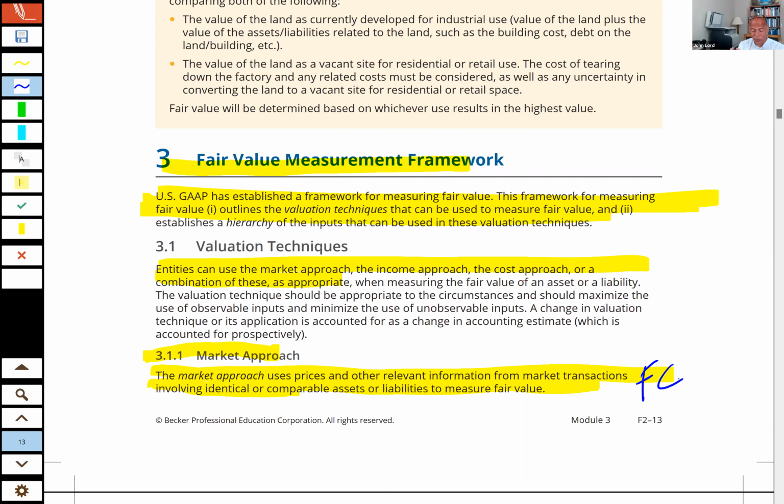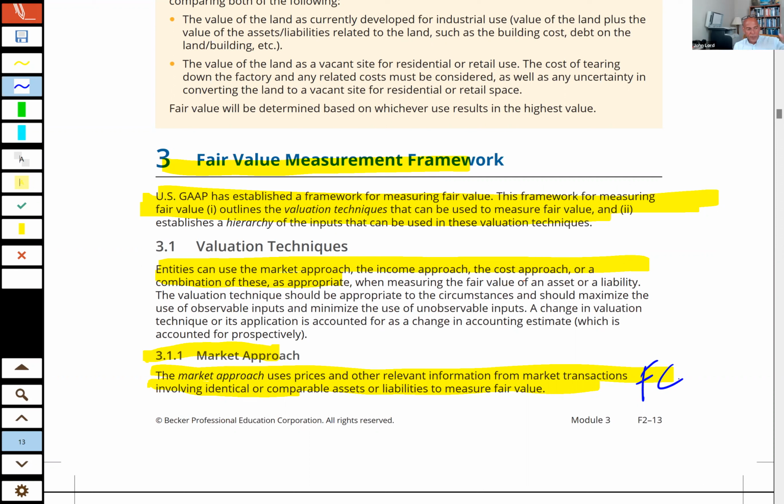And when we looked at that, we learned that you could use a market approach as one of the ways of doing that. So what's the market approach? If you ever had your home appraised or commercial real estate appraised, they look at other real estate that looks like yours, and then they say, okay, this is the value of yours. Now, the problem that I have with those appraisals is they are, in my opinion, highly subjective.